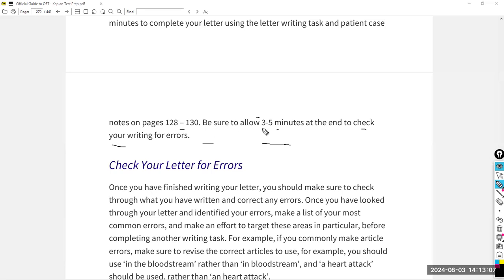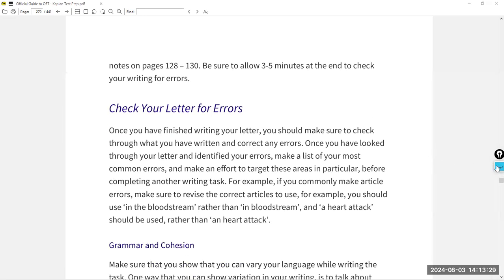Be sure to allow 3 to 5 minutes at the end to check your writing for grammatical errors or spelling errors. Absolutely, I'm going to show you now the two letters, but try to do it yourself before showing you the letters.